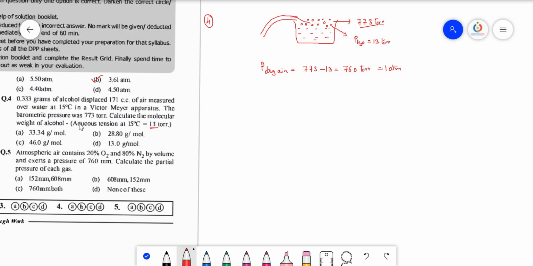Okay. Now they are asking to calculate the molecular mass of the alcohol. According to the ideal gas equation, PV equals nRT. Now n means weight of the alcohol divided by molecular weight of the alcohol, into R into T. So we need to calculate the molecular weight. This has to be calculated.